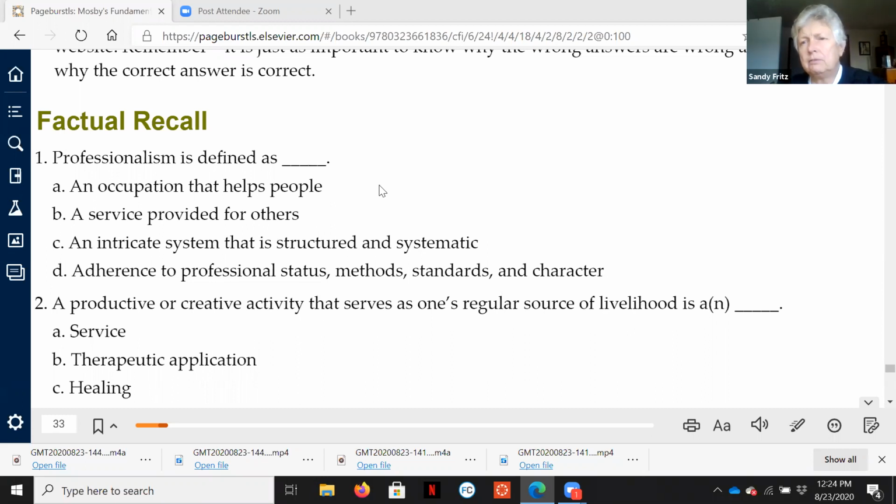But it's a good one for you to learn definitions. An occupation is a thing that we do. And a service means that it is involving people directly. An intricate system that is structured and systematic would be more like the form of massage. So this is how you would sort yourself through this question.